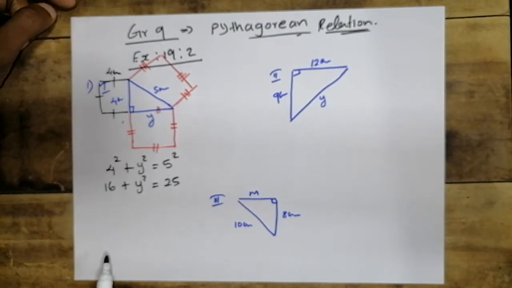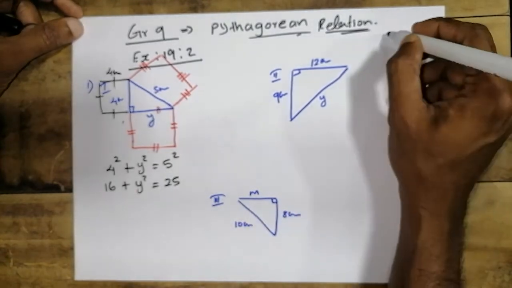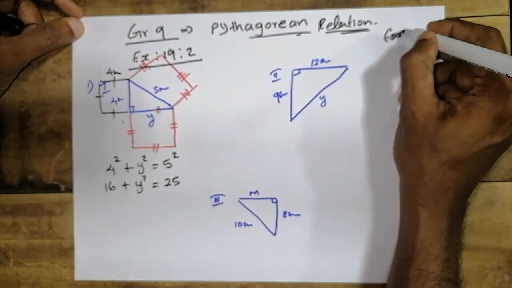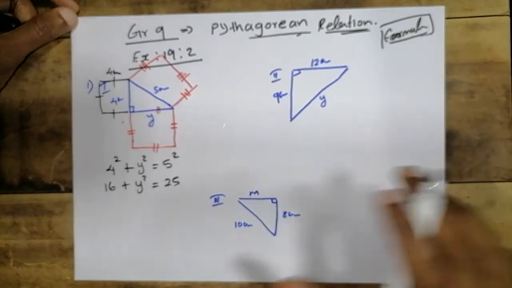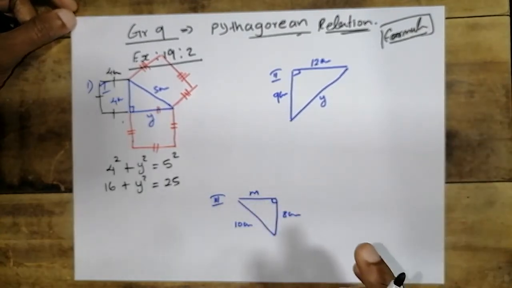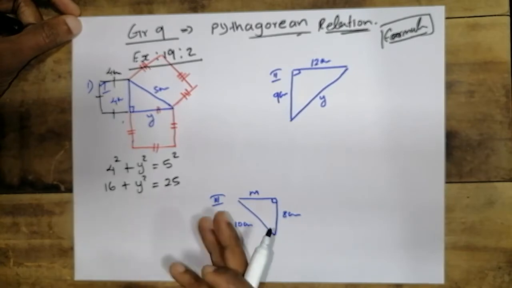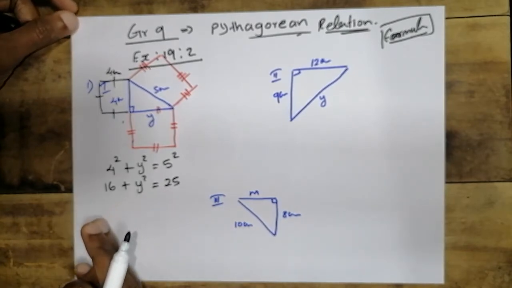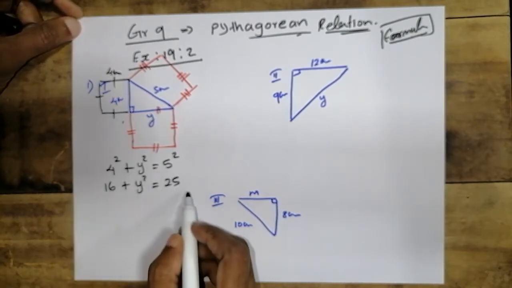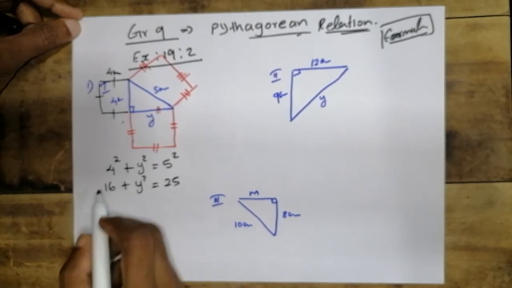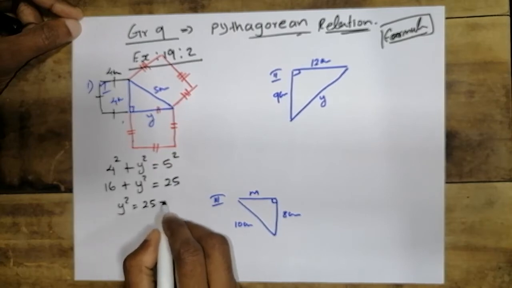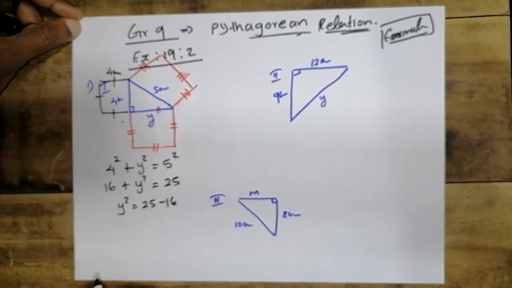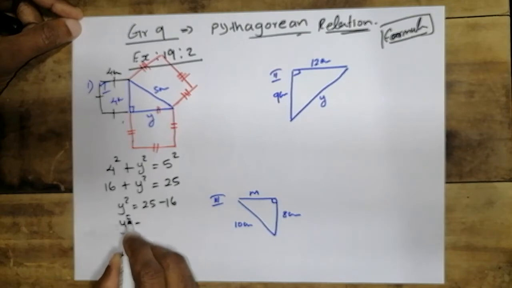You already studied this in the lesson on formulae: how to move terms from one side of an equation to the other side. So if you move the 16 to the other side of the equation, it will subtract. So y squared equals 25 minus 16. Okay, so y squared equals 25 minus 16, it's 9.